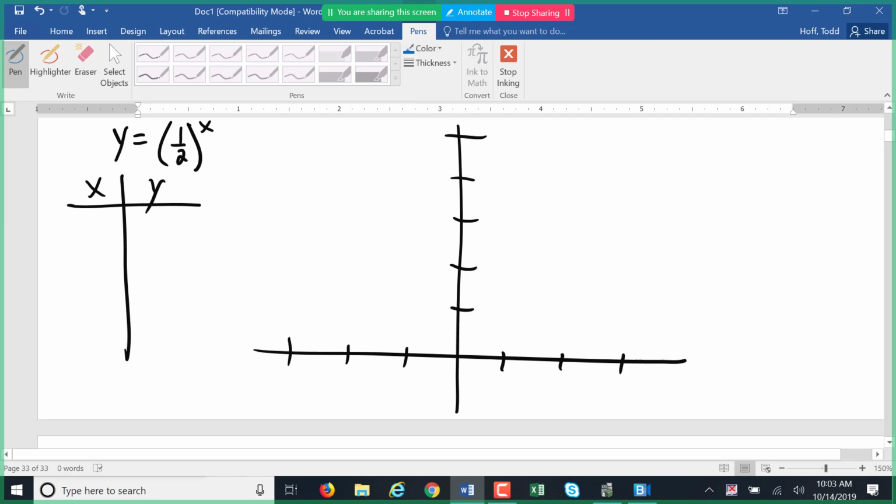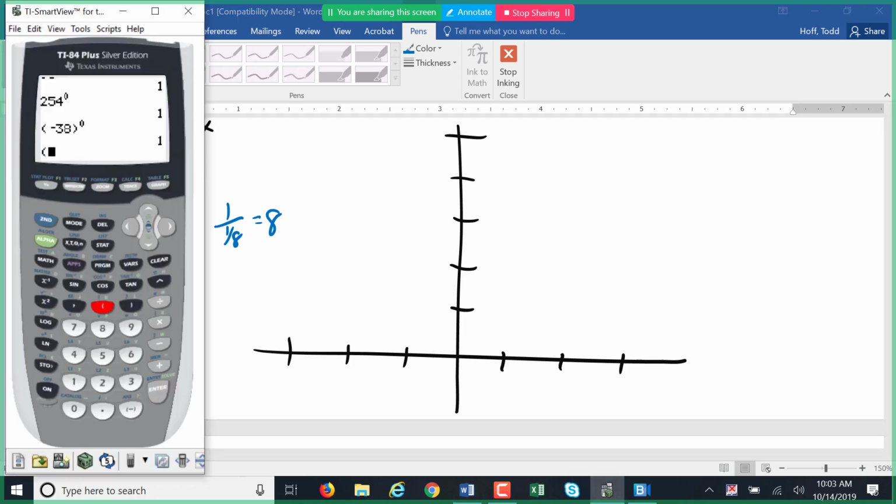So as I plug in values for x here, if I use -3, 1/2 to the power of -3 is 1 over 1/2 to the power of +3. 1/2 to the +3 is 1/8. 1 over 1/8 is just 8. We try that on the calculator, 1/2 to the power of -3, it does give us 8.